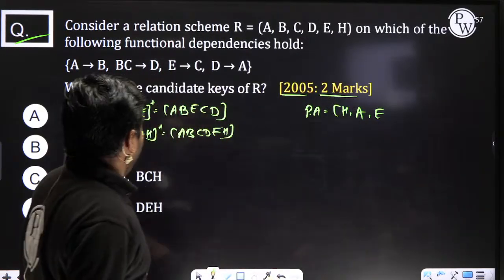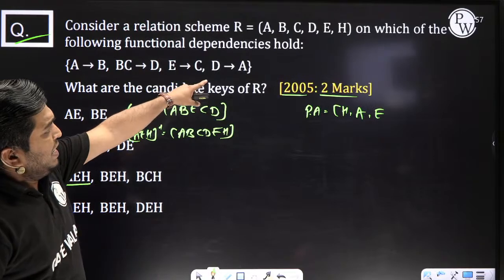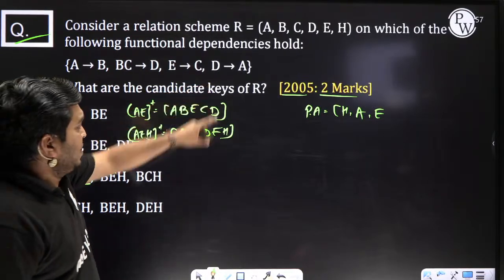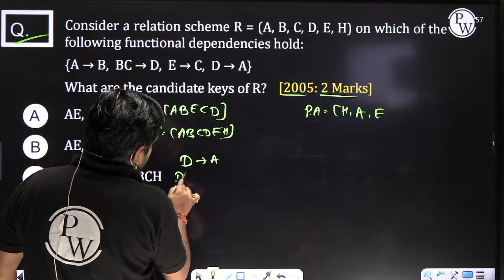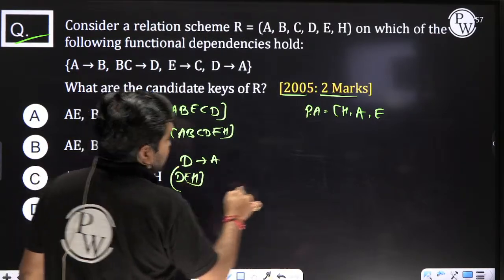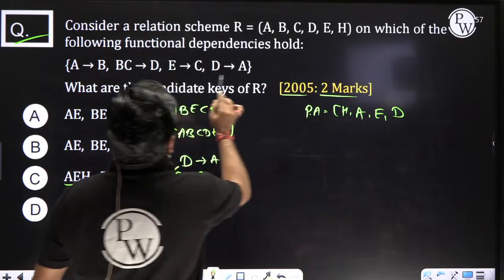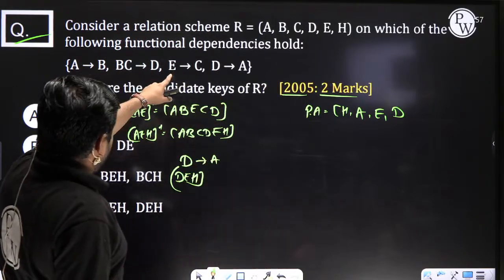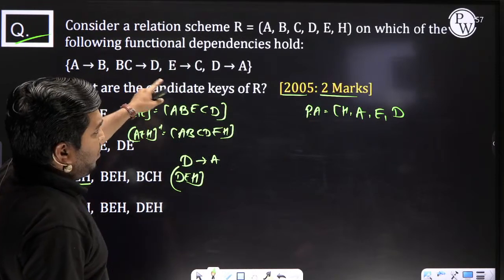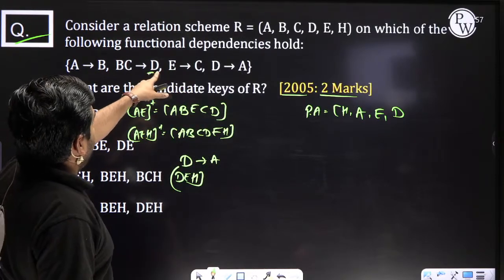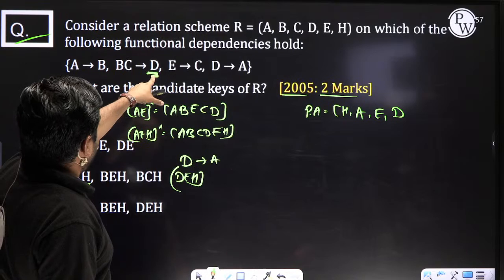Now A, you can see A is determined by D. D, H become the next key. And E is determined by C. Now D is determined by BC.